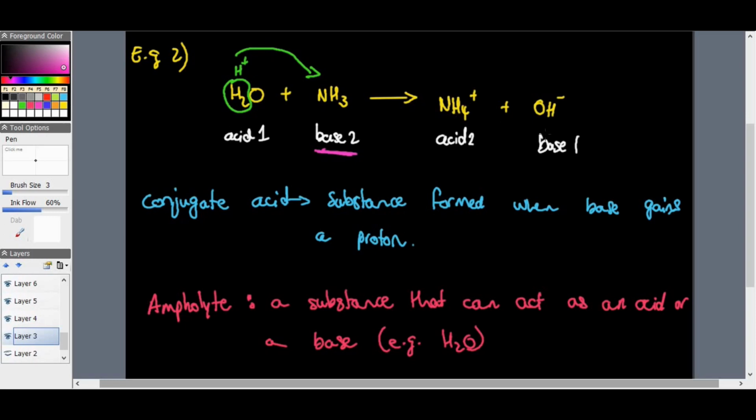And now, as a result, this acid 2 label that we see here is the conjugate acid of a base. So this forms as a result of ammonia accepting the proton. Ammonia becomes NH4 plus, we get acid 2, so acid 2 would be the conjugate acid, as a result of ammonia accepting the proton that water donated to it.